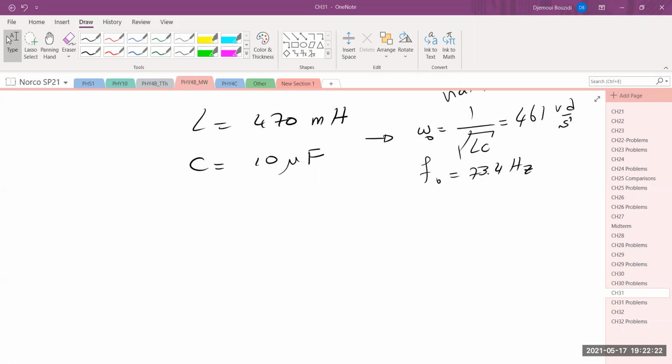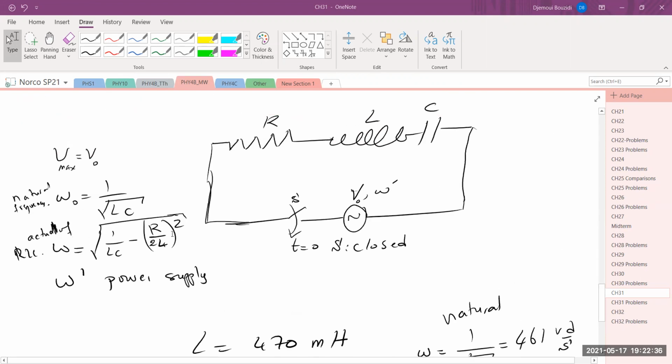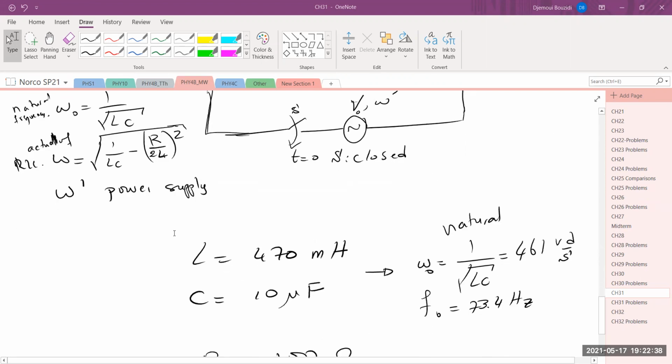let's take an R in here, which is a typical value, about 100 ohms, okay? And let's see what that does for me. So R over, what is it, square root of, open parentheses. I'm trying to find the actual oscillation frequency in this circuit.